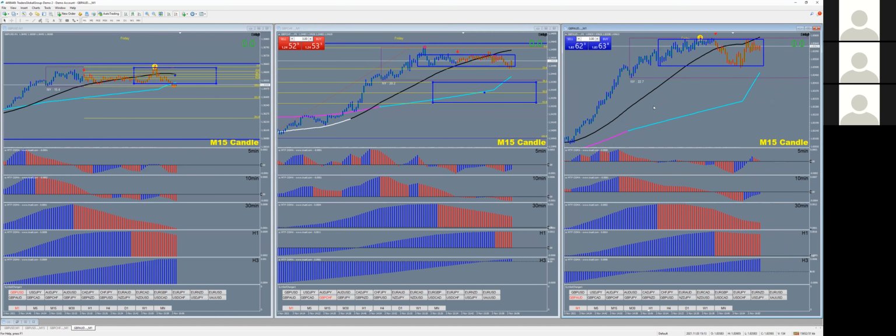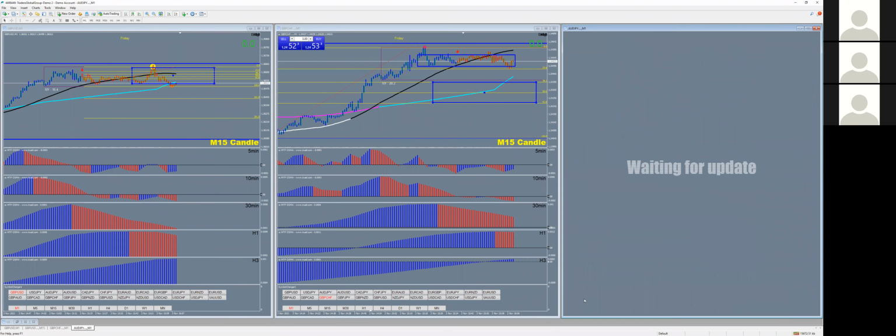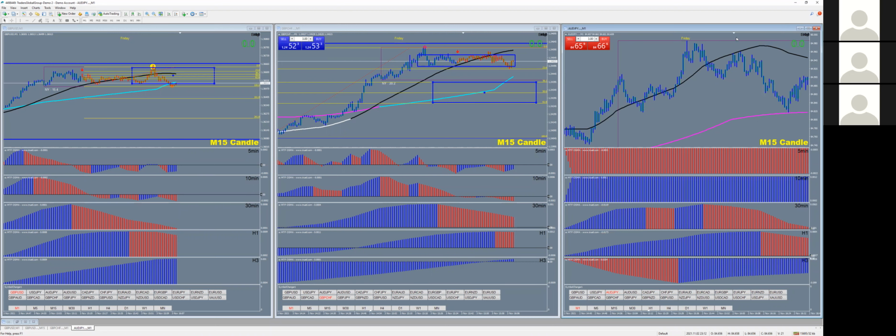I'm out for 5 pips. Pound dollar, yeah. Okay. It's pulling back in the 50s, in the round number.